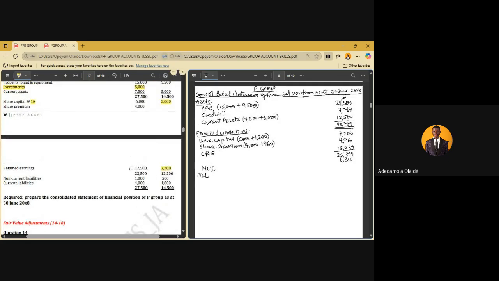We can now go to non-current liability. We have that to be 1,000 plus 500. That's 1,500. Then current liability, we have that to be 4,000 plus 1,800. That's 5,800.